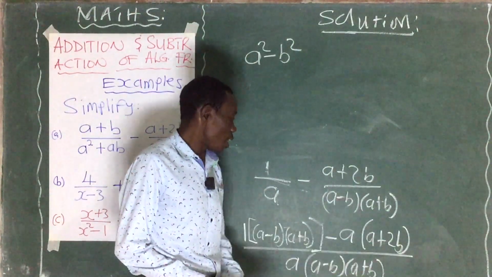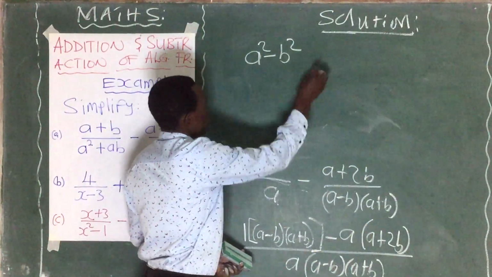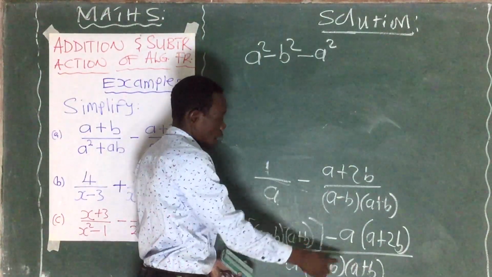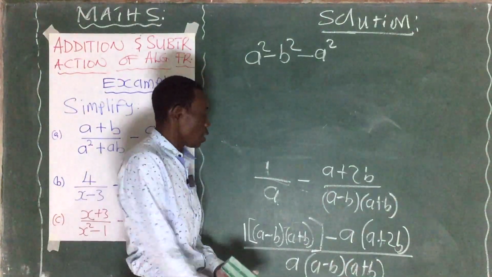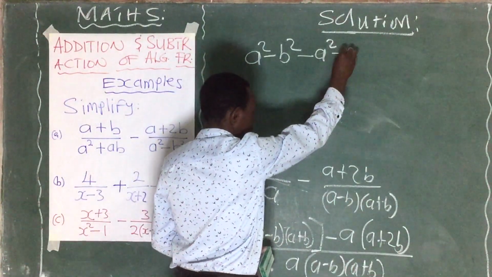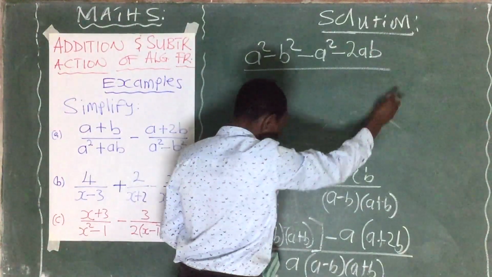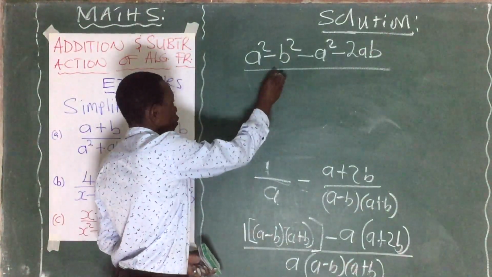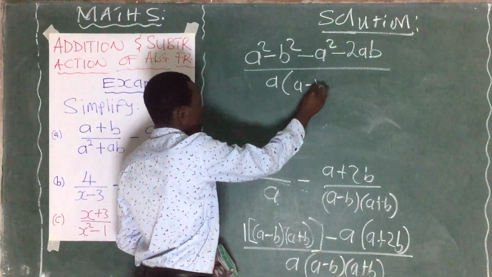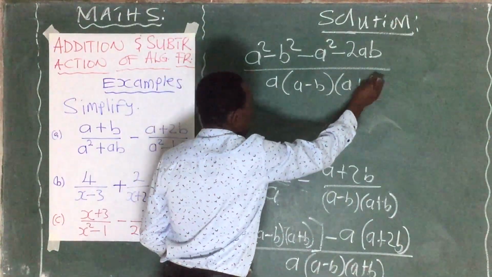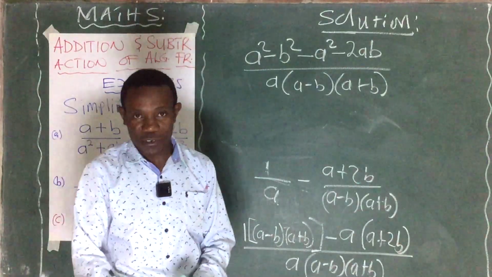So negative A times A gives us negative A squared, and negative A times the positive 2B gives us negative 2AB. Then this now will be over the denominator down there, which is A minus B, and then A plus B. That's the way it goes.